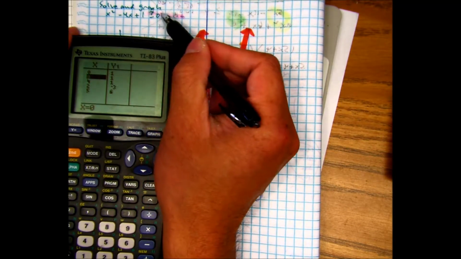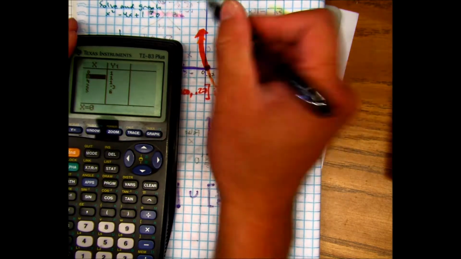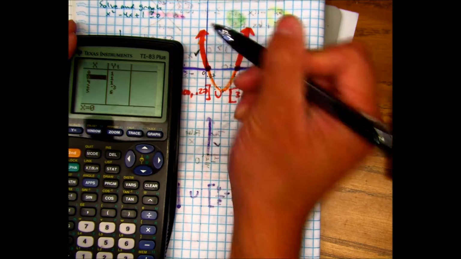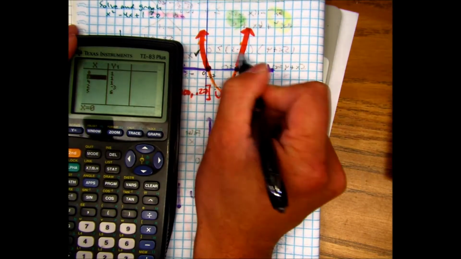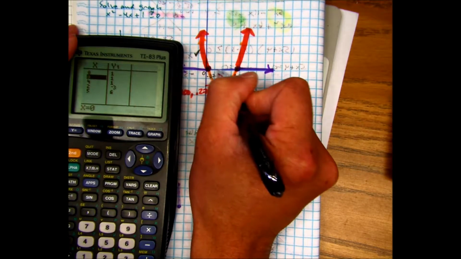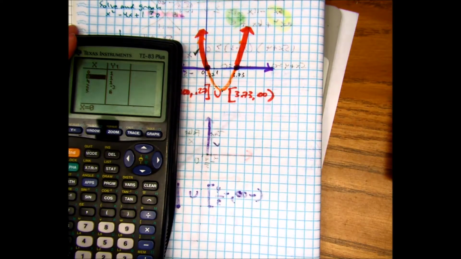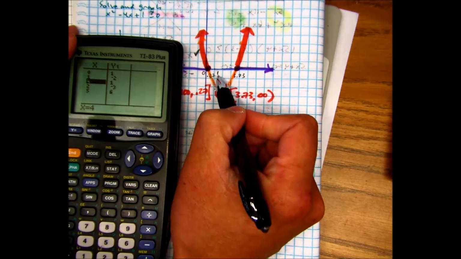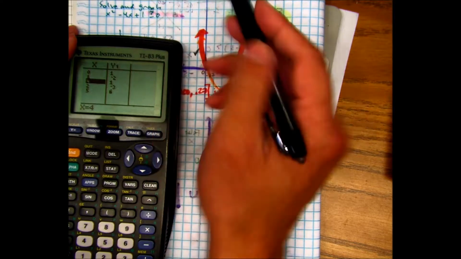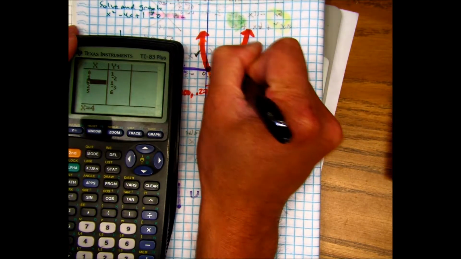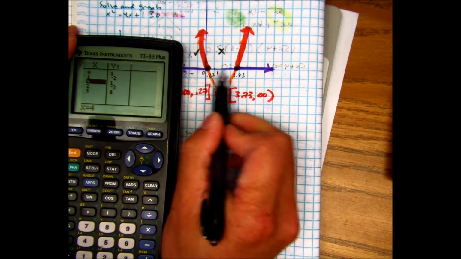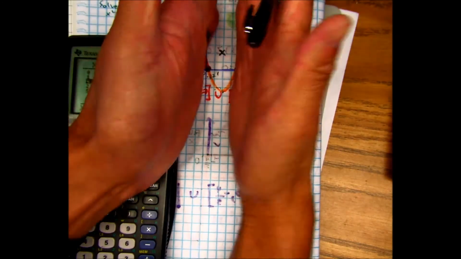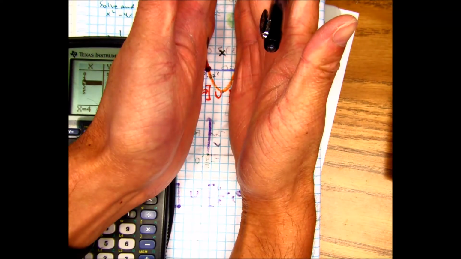Is 1 bigger than or equal to 0? Yeah, that's true. Pick a number in here, maybe 1. It's negative 2. Is negative 2 bigger than 0? No, that's false. There should be nothing in my graph. Does that make sense? Nothing inside that little interval.